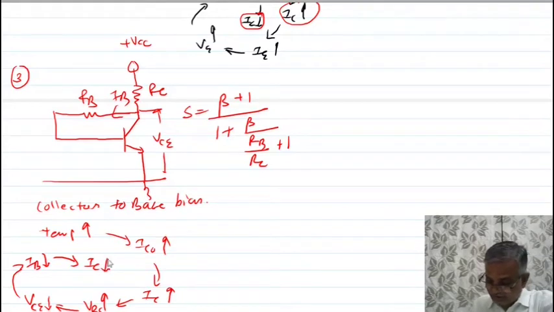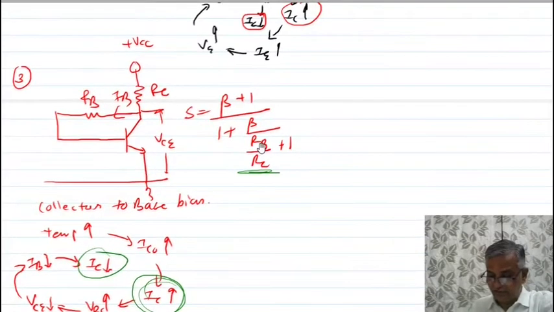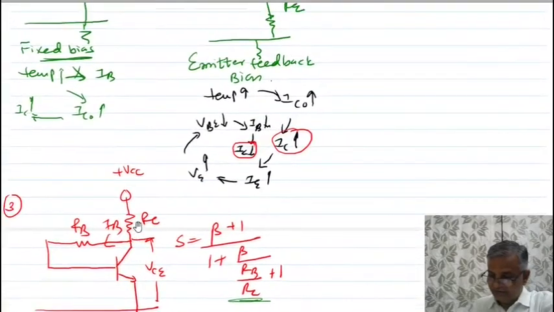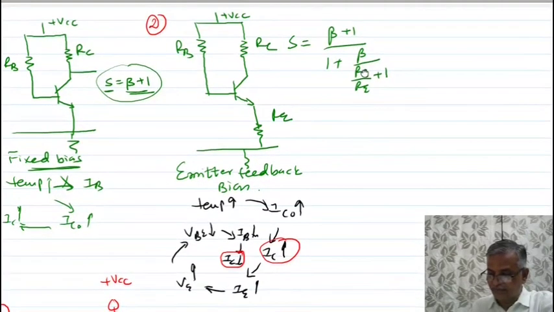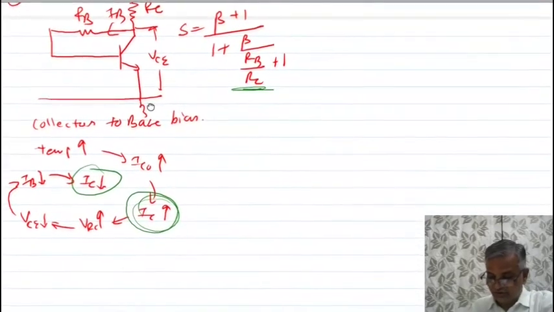This decreasing collector current tries to compensate the increasing collector current due to temperature. These equations show that RB should be low to get very good stability. This equation also shows that RB should be low. So this is the third circuit we have seen.